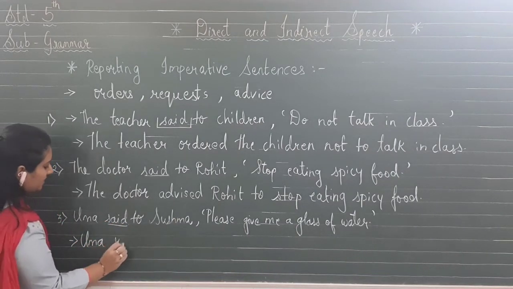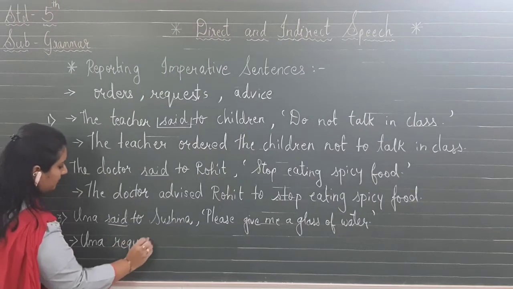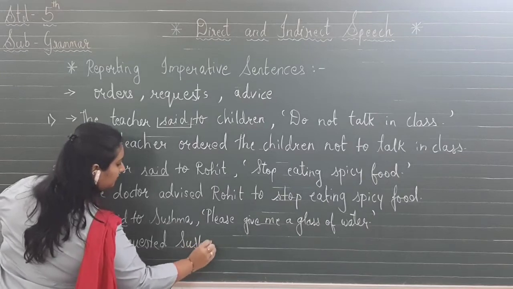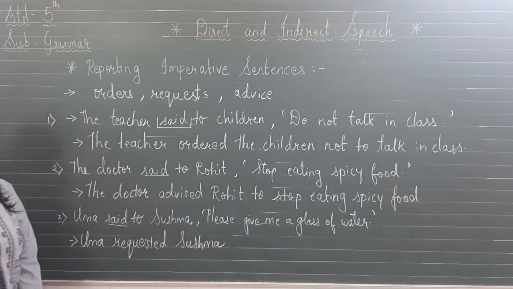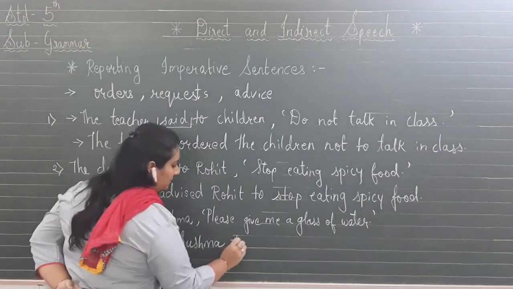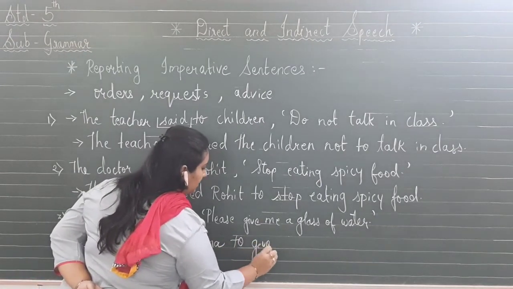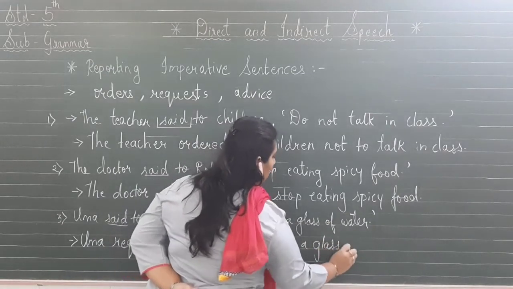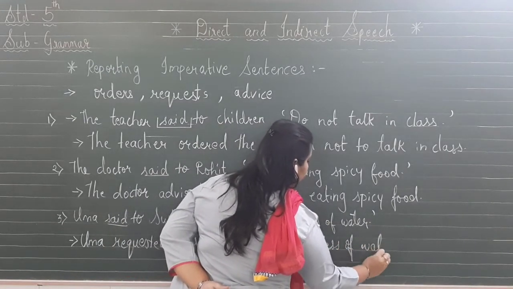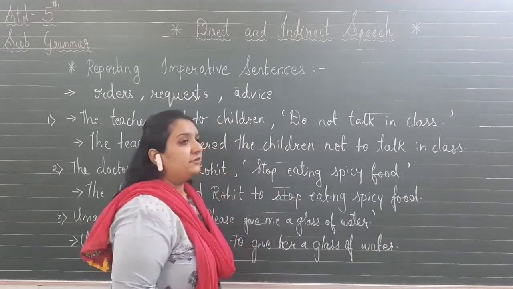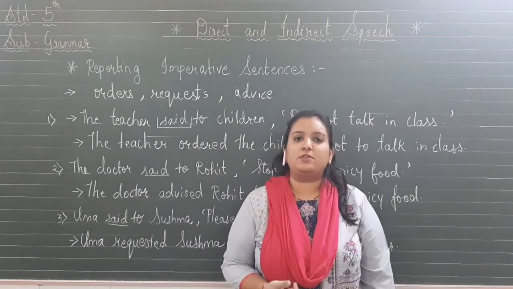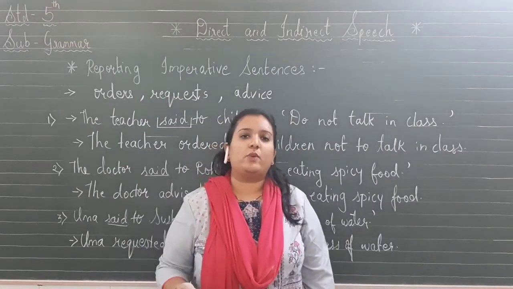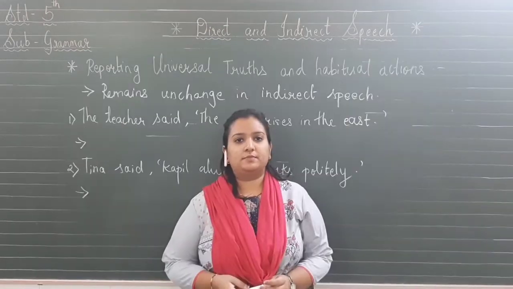Uma requested Sushma to give her a glass of water. So students, if you find an imperative type of sentence, you have to change the reporting verb to ordered, advised or requested.